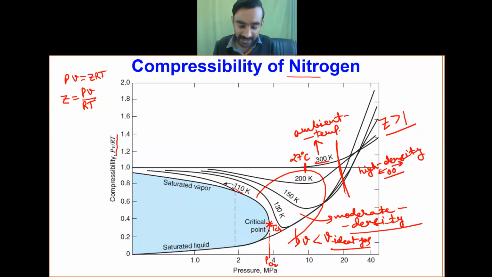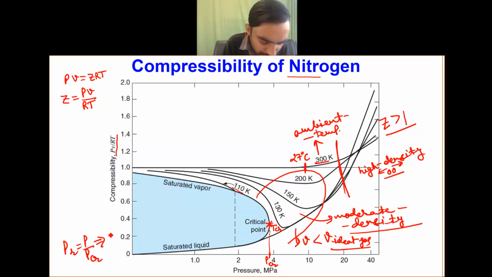Now if I divide each value of pressure by its critical pressure, then corresponding to the critical point I will have the value of PR, which I defined as P by PCR. At the critical point its magnitude will be 1. Similarly, the magnitude of TR will be 1 at the critical point.